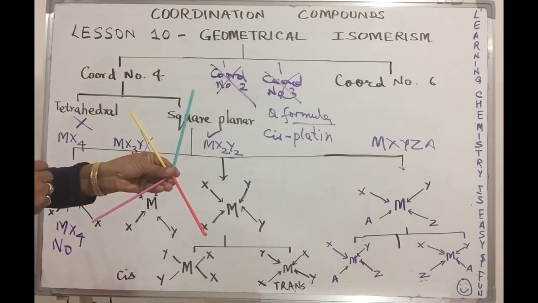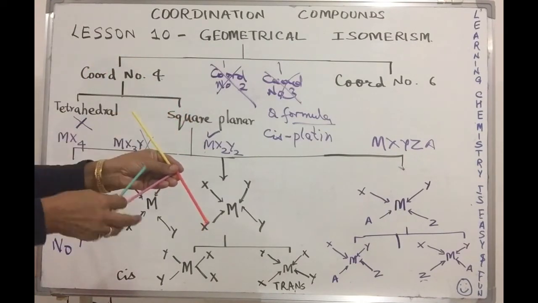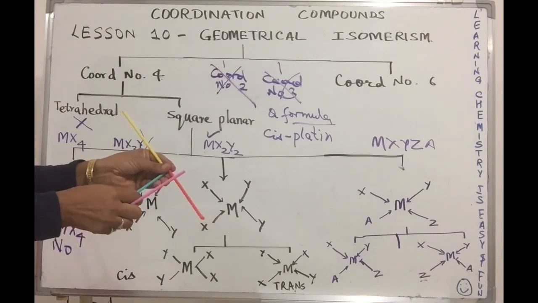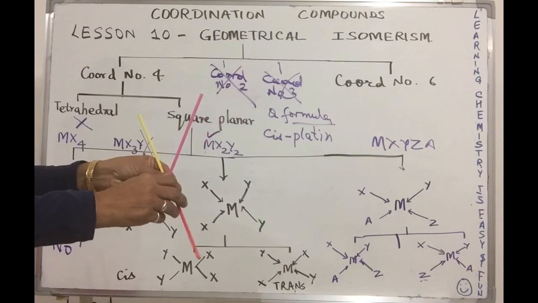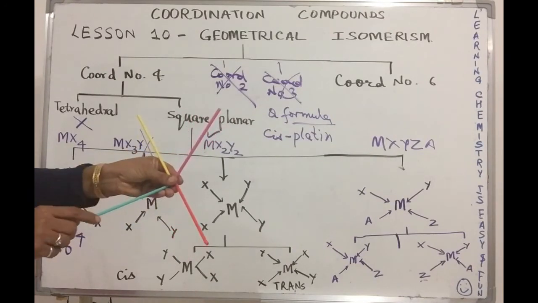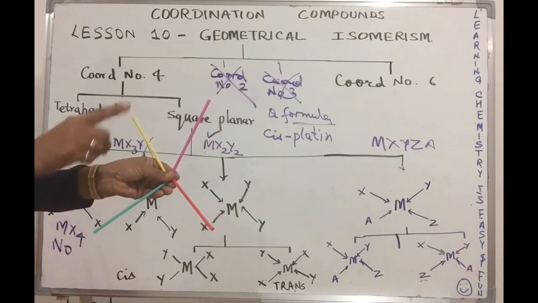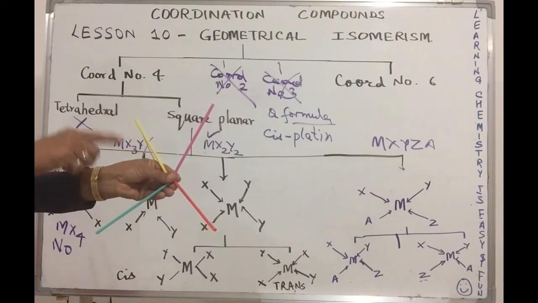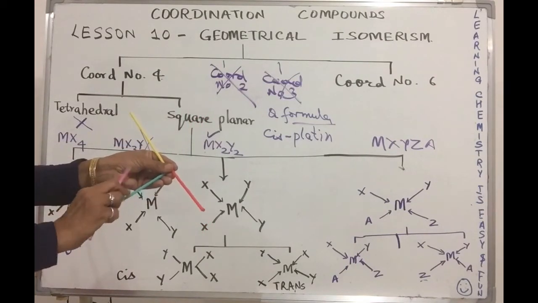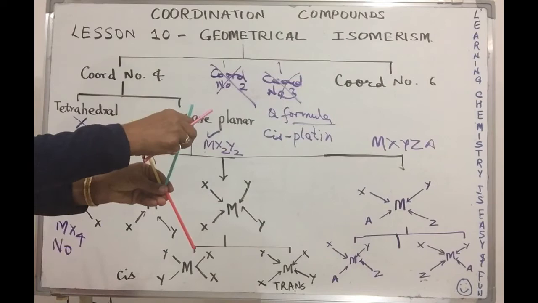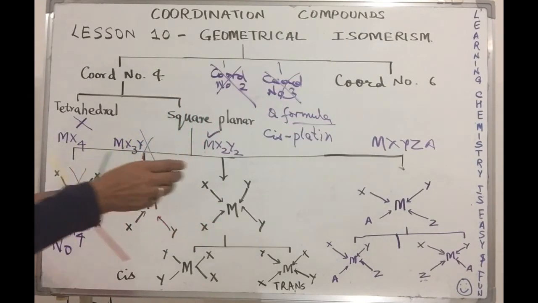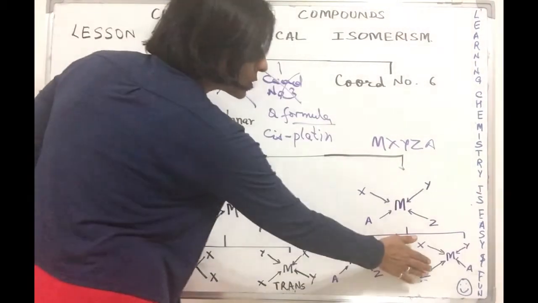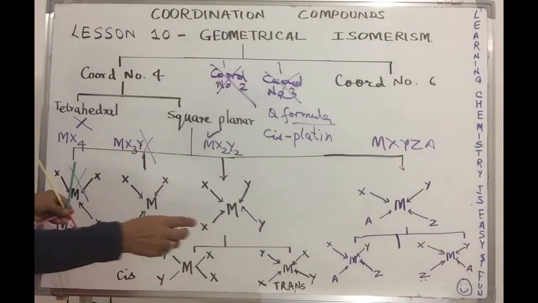The third form. Swap the places of blue and pink. Does this become the fourth form? No, because this is the same as the third form, where pink was here and blue was on the top. Right? Is that clear? So that is why I have already drawn 2 forms over here.